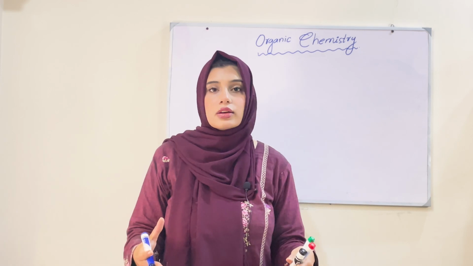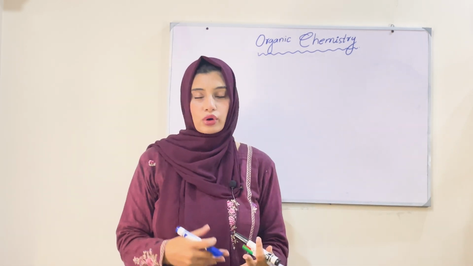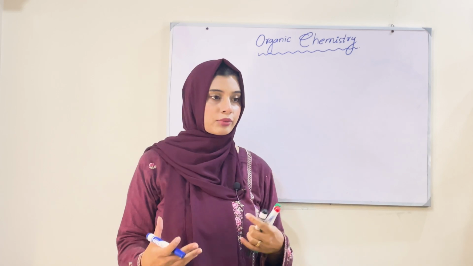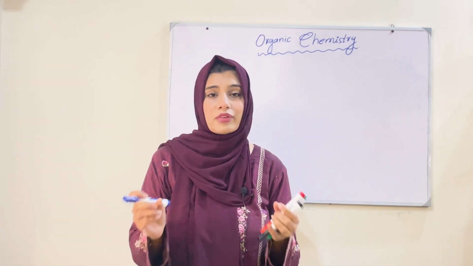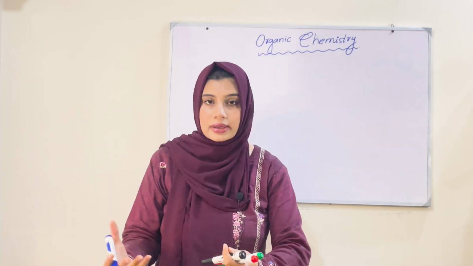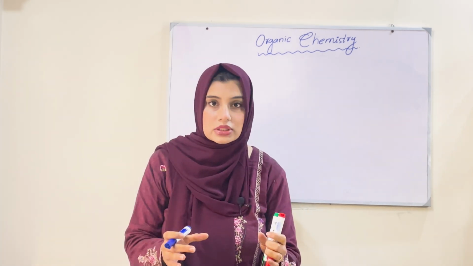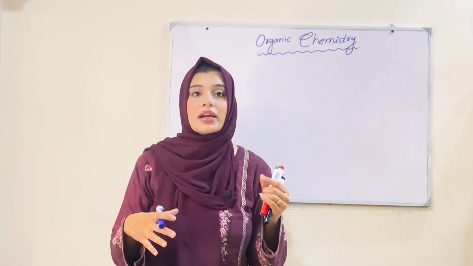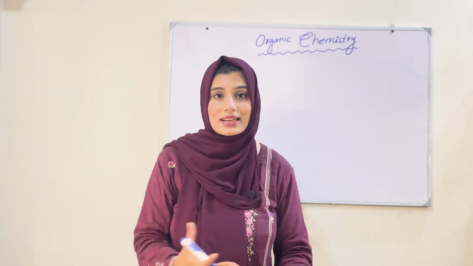This is the era in which everyone wants everything organic. We want organic food, organic skin products, organic paints, organic furniture. Whenever the word organic comes, what comes to our mind is something good for health, natural, and extracted from plants and animals.